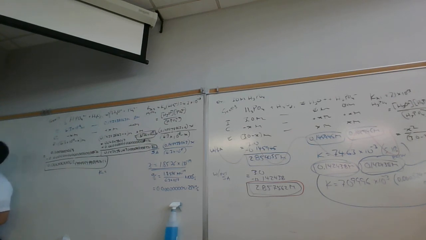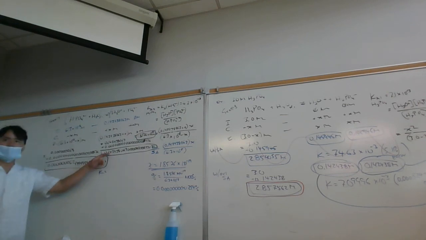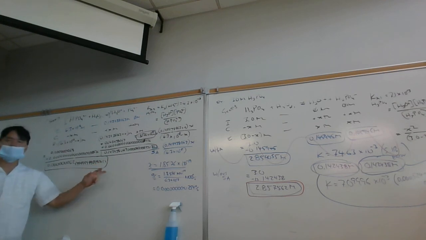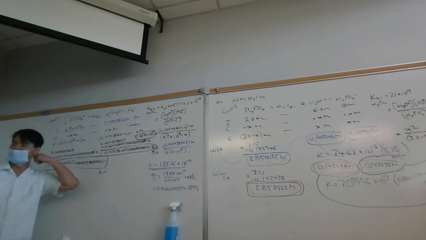Now modern calculators hold up to 10 digits. This is more than 10. If this is more than 10, what's your calculator going to do to this number? It's going to round it. And you know what it's going to round it to? It's going to round it to 0.1. And then what you're going to do is calculate 0. So if you have a 0 here because the calculator rounded off, is your K going to check out? No, your K is not going to check out.